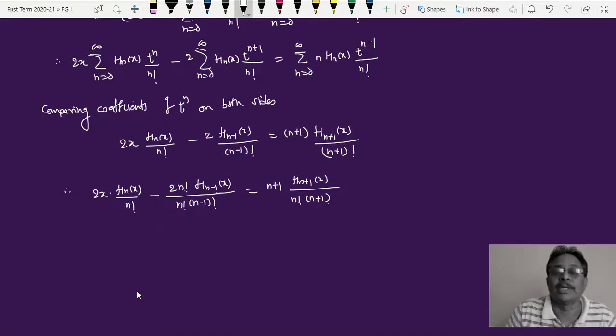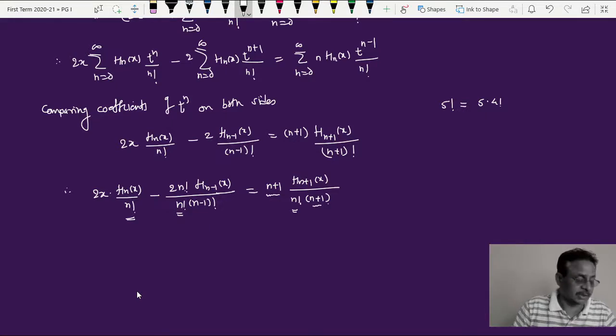This term n plus 1 factorial, that means 5 factorial can be written as 5 into 4 factorial. This way I have written n plus 1 factorial is equal to n plus 1 into n factorial. Now we look here, n factorial appears here in first term, n factorial appears here also, that can be cancelled. Then this n plus 1 and here n plus 1, that can be cancelled.